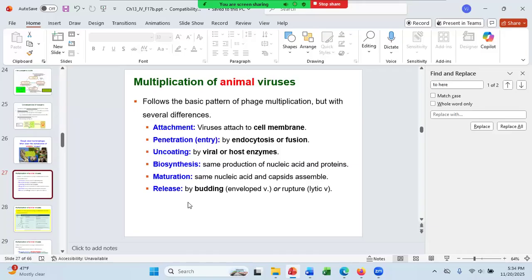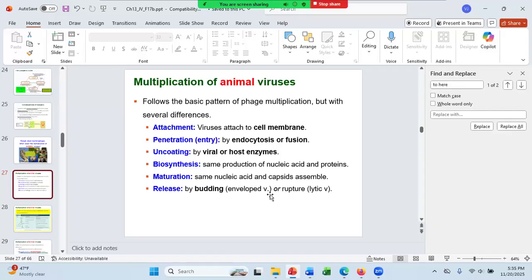Release can be different. You can get animal viruses which are released by rupture of the cell. So animal viruses do follow the lytic life cycle, where the virus can lyse the cell, and then that will release the newly replicated virions. But there are other ways that an animal virus can reproduce. The main way is by budding.